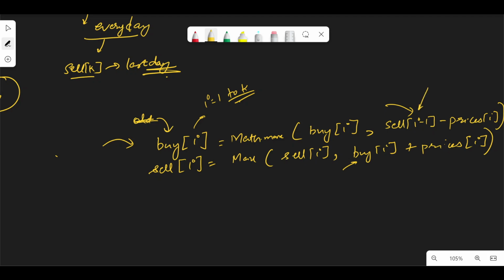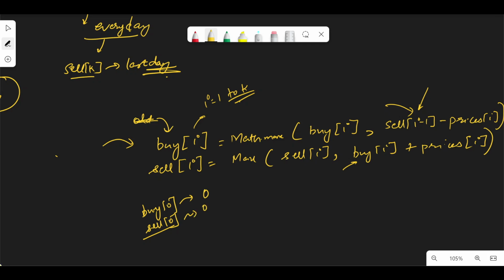So that means what are you going to set your buy of zero and sell of zero to? Probably buy of zero means you've not bought anything. What's your profit? Shouldn't it be like zero?